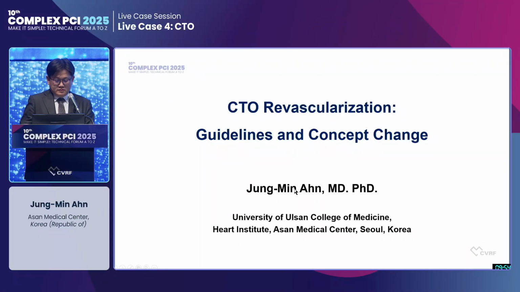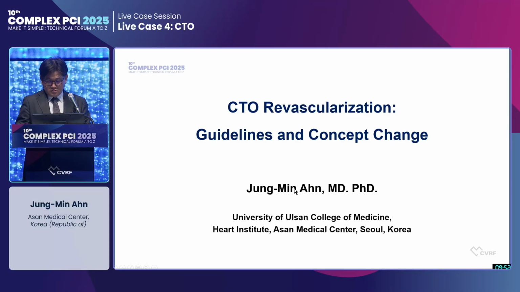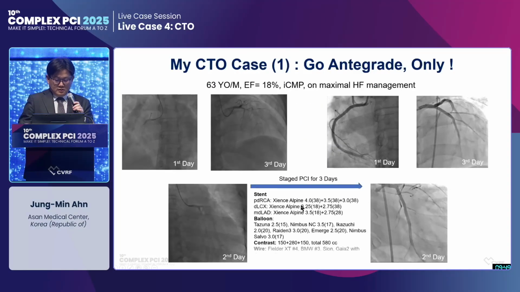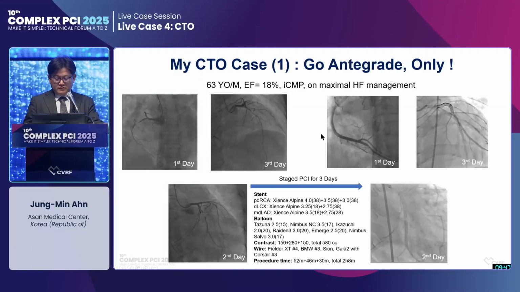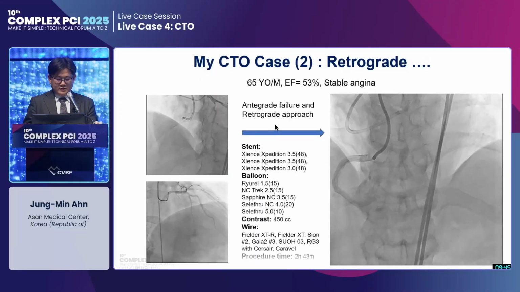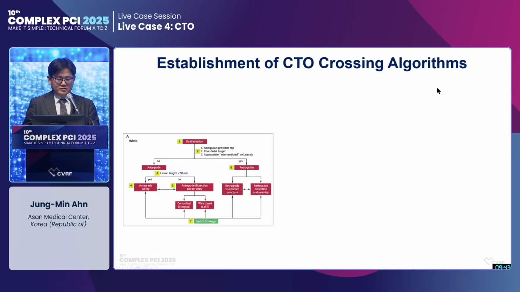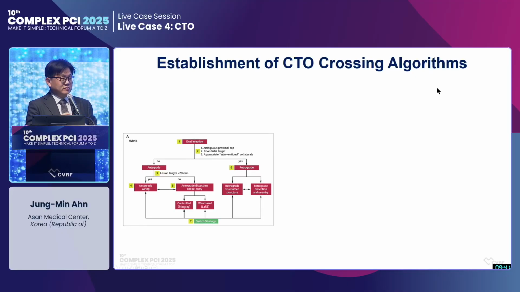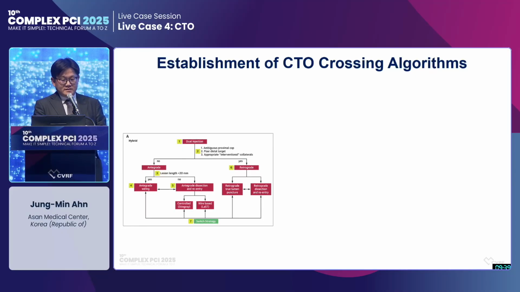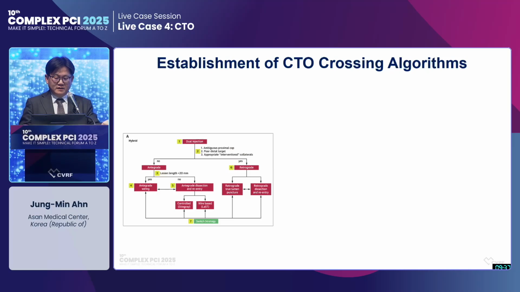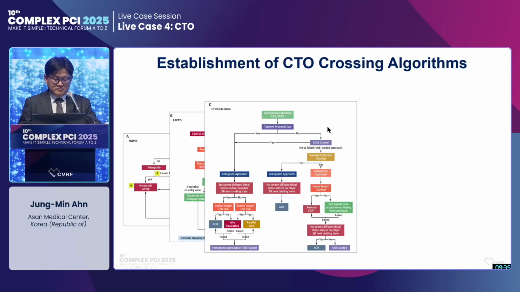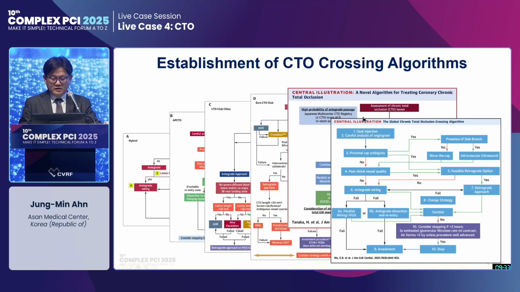Thank you, Chairman. My topic is the CTO guideline. Actually, I'm doing some CTO intervention, but frankly speaking, I'm not an expert in CTO intervention. But many CTO experts have established many CTO crossing algorithms, listed as 6 or 7 algorithms.